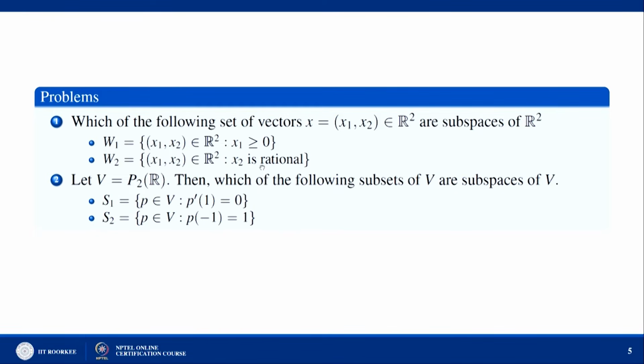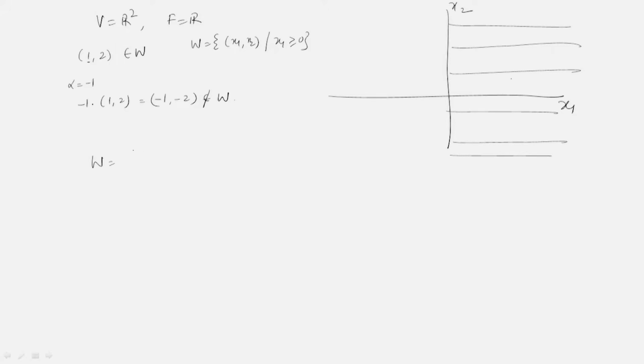Now here we have considered all (x1, x2) in R2 such that x2 is rational. So again, when you take W as all (x1, x2) in R2 such that x1 is rational, x2 is rational. Now, again if you take, say, (1, 2), it is in W because here x2 is rational.